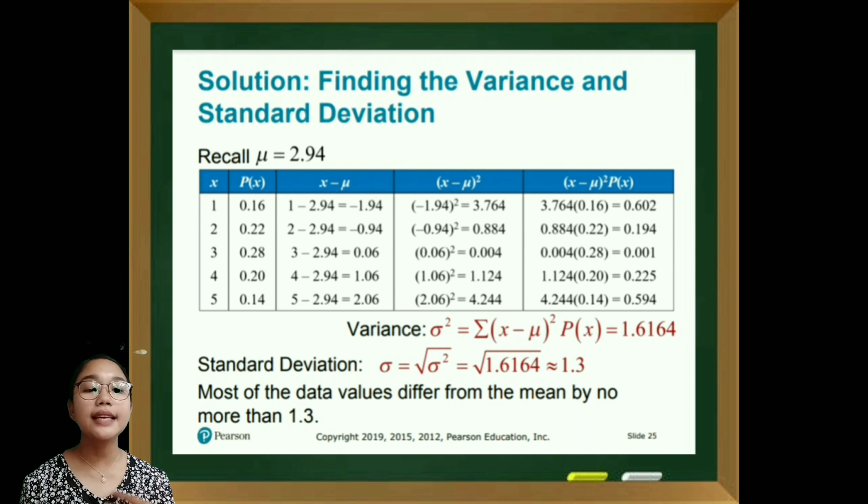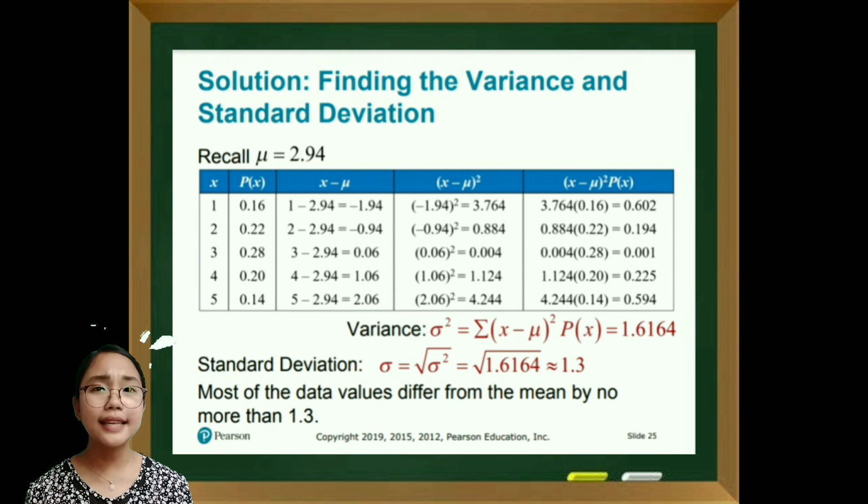To finally get our variance, we are going to add all the products of the fourth column and the second column. The answer will be 1.6164.